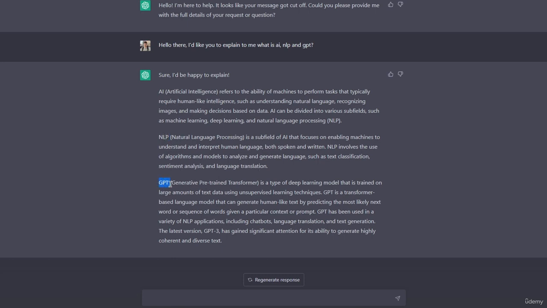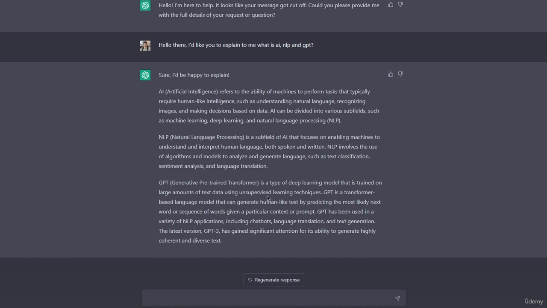And now GPT. It's a word we all use, ChatGPT, but not everyone knows what GPT is. So GPT is Generative Pre-trained Transformer. It is a type of deep learning model that is trained on large amounts of text data using unsupervised learning techniques.